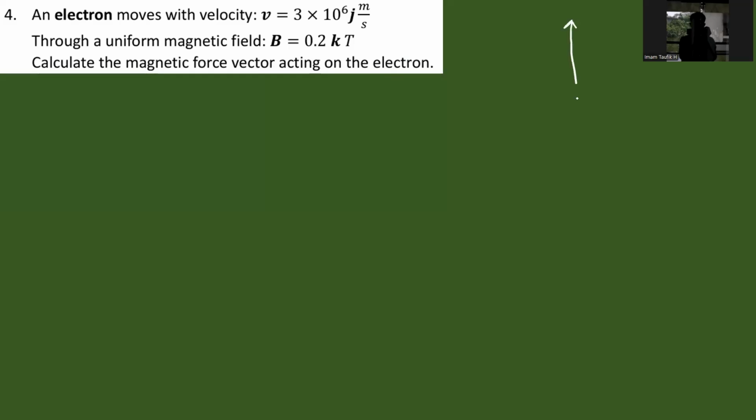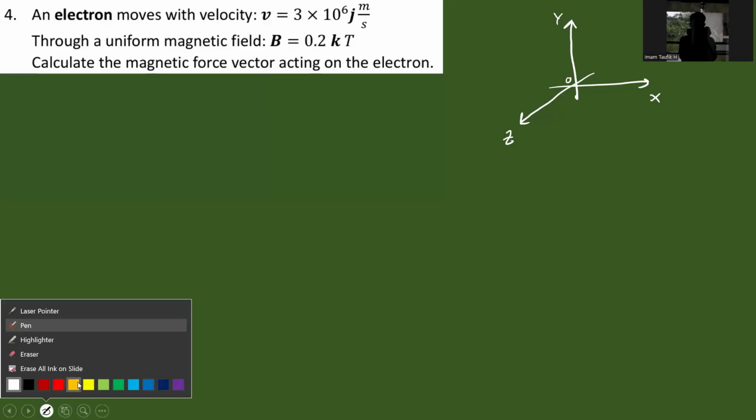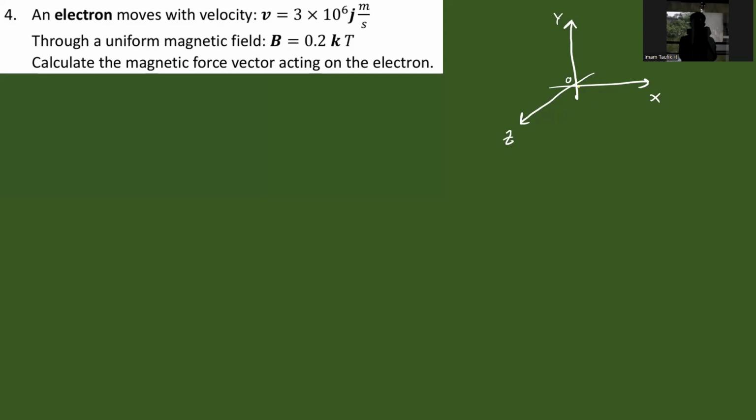Let's say that we have a 3D graph here. This is the x-axis, y-axis, z-axis, and this is the initial point, O. First of all, there is a term called unit vectors. The unit vector is a small unit of a vector.